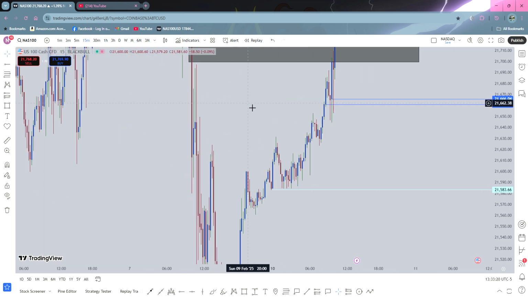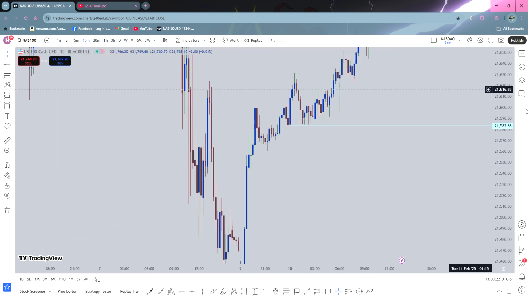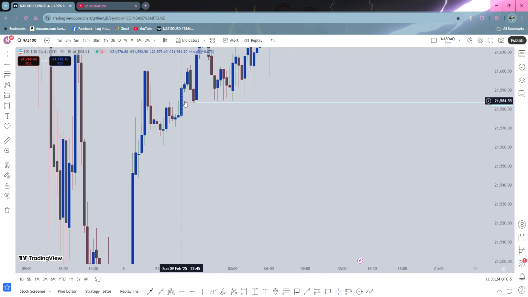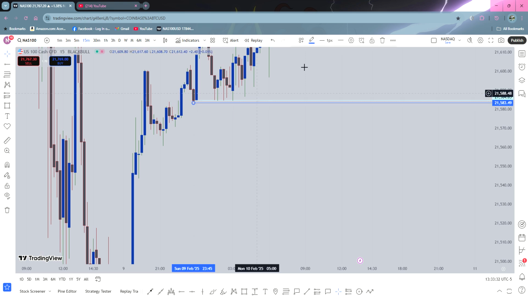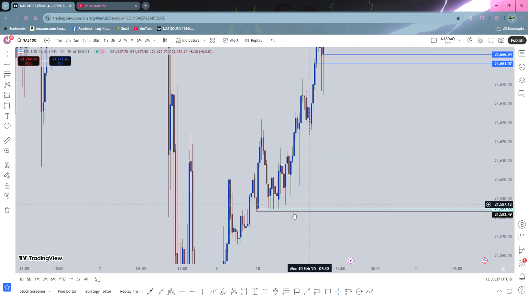Yes, the 9:50. So price actually left all these relative equal lows here, guys. So I'm expecting tomorrow for price to actually take these lows out.